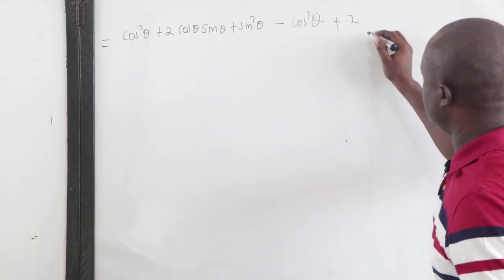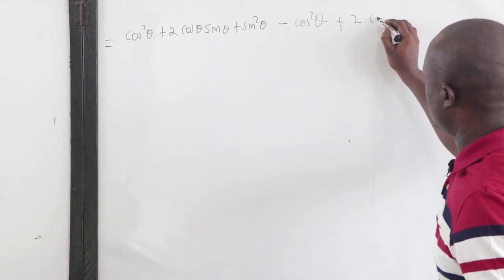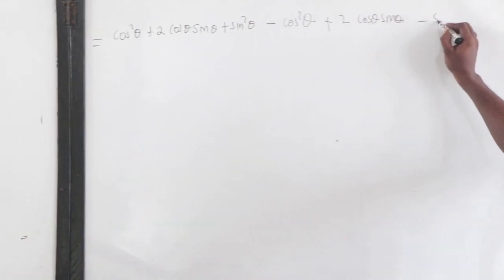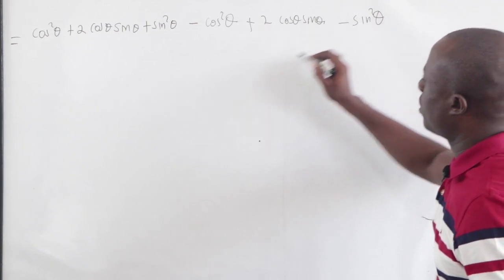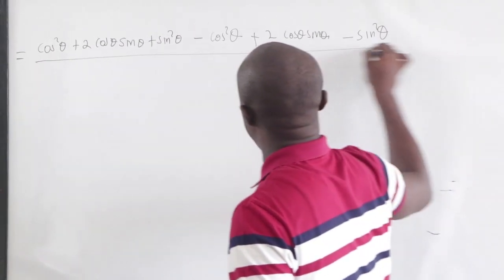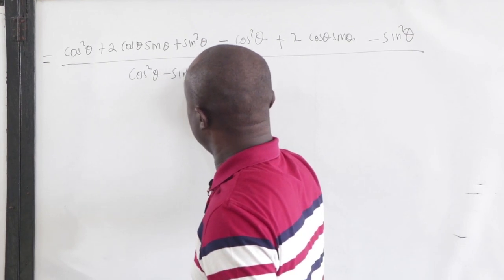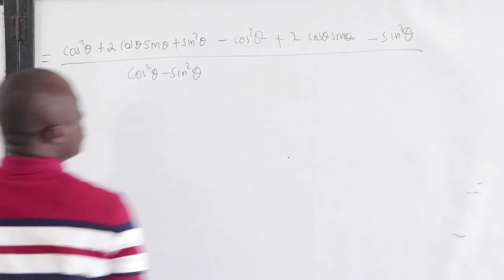So that will give us 2 cos theta sine theta minus sine square theta. All over, we have cos square theta minus sine square theta.